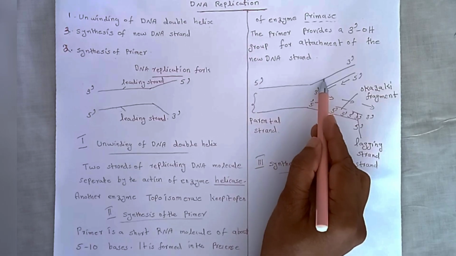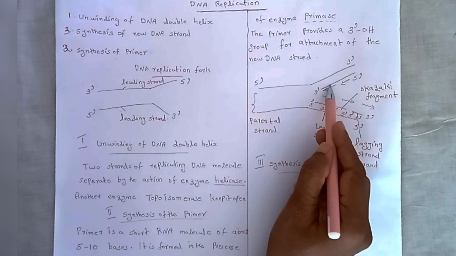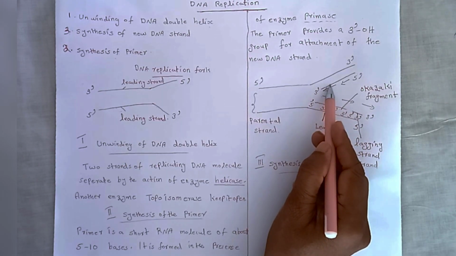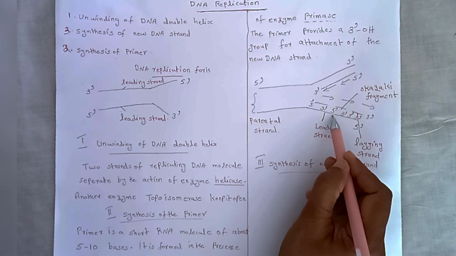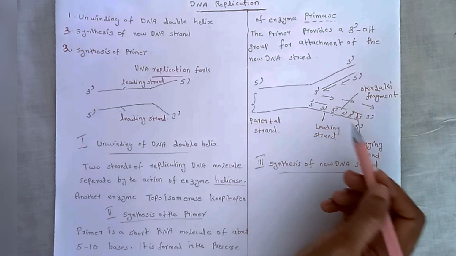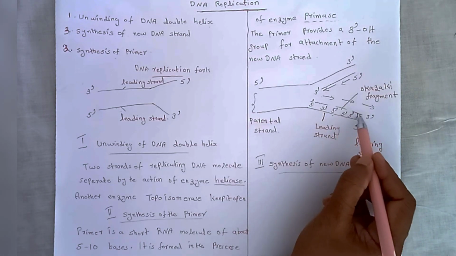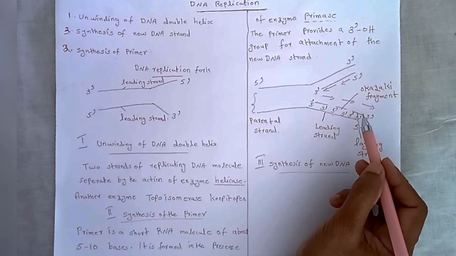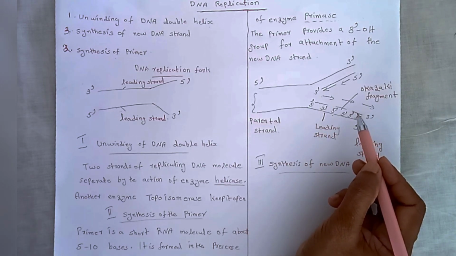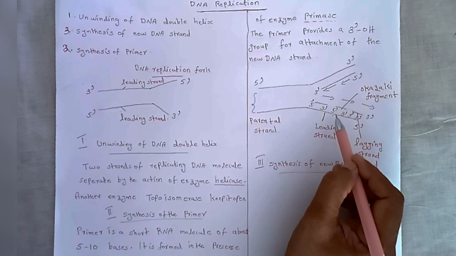This is the leading strand and this is the lagging strand. The newly formed strand is known as the lagging strand. With the help of the enzyme DNA polymerase, new pieces of DNA are synthesized, known as Okazaki fragments.